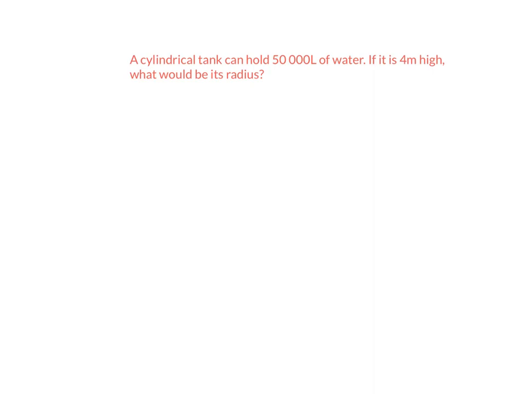So we have a cylindrical tank that holds 50,000 liters of water, 4 meters high. We'll find its radius. Because this is in meters, 4 meters high, we want to convert 50,000 liters into meters cubed. Remember, I told you before that 1 meter cubed is 1,000 liters. So if I want to go from liters to meters cubed, I divide by 1,000.